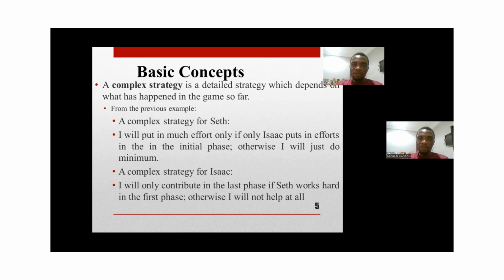So Seth could decide to study for the test because Isaac didn't study for the test yesterday. Seth's decision today is based on yesterday's strategy played by Isaac. That means Seth's decision to study for the test today is a complex strategy.